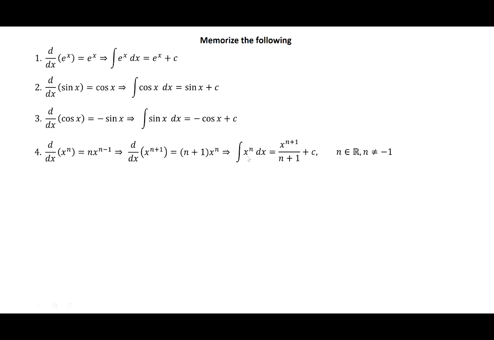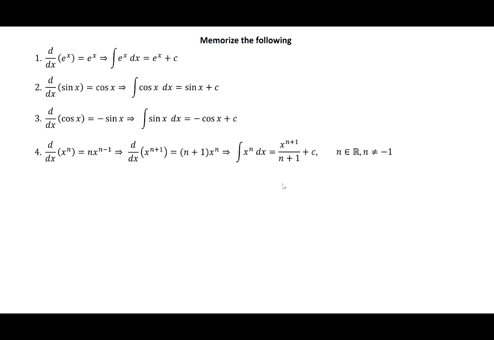Well, the integral of 1 over x. What is the integral of 1 over x dx? How do you answer that? You answer it by saying, hey, wait a minute. Do I know the derivative of something that equals 1 over x? Can you recall? The derivative of what equals 1 over x? The derivative of natural log of x is equal to 1 over x.